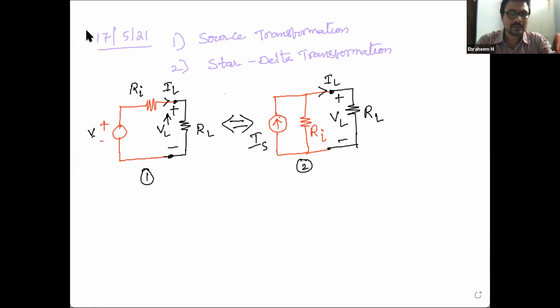Then we can use any of these circuits, because there is no difference; the load is receiving the same thing. So it is possible to interchange the practical voltage source, which has an internal resistance Ri, and similarly a practical current source, which also has an internal resistance Ri in parallel.